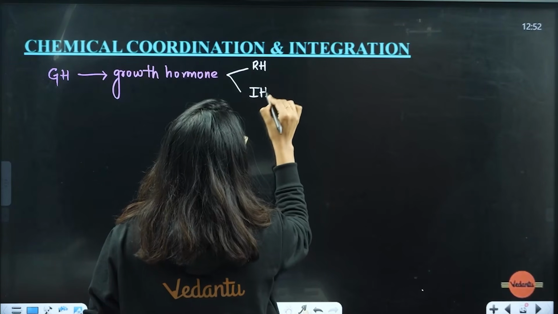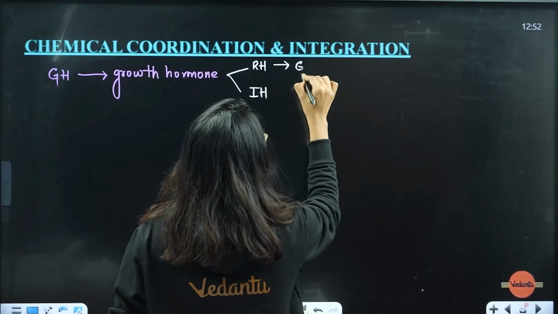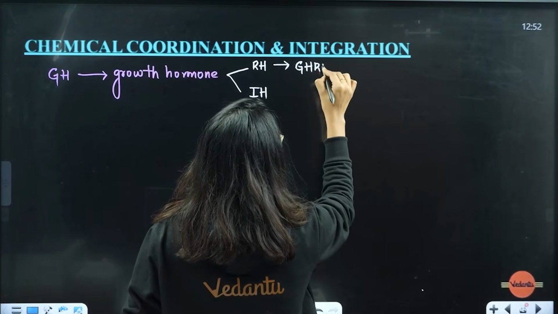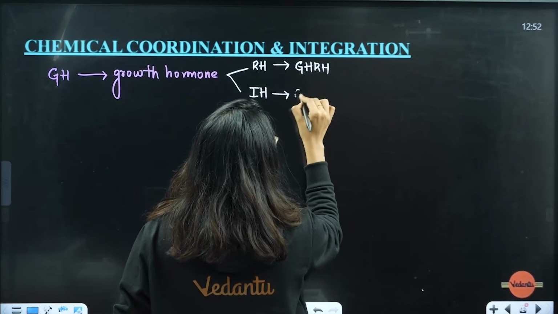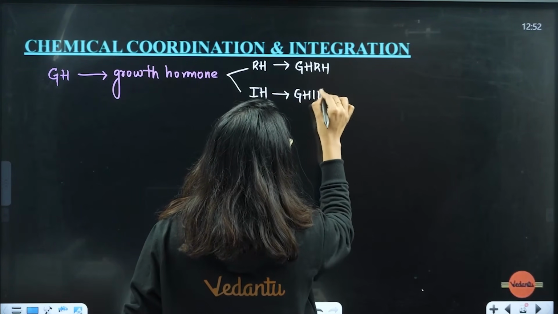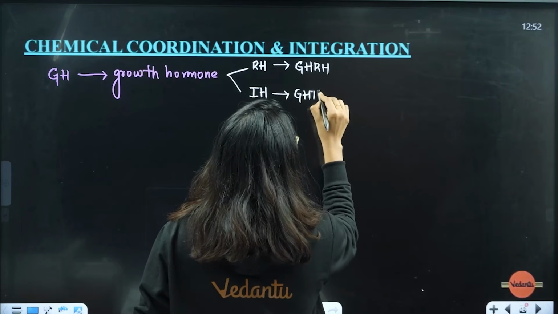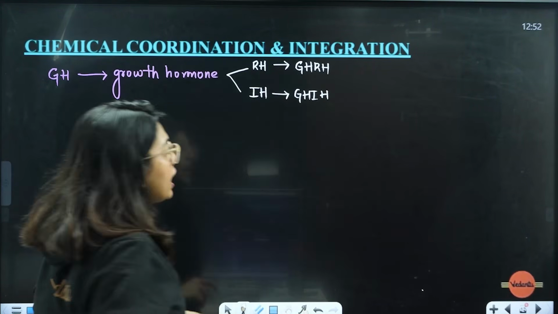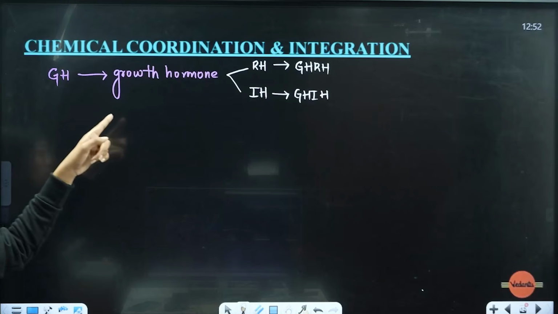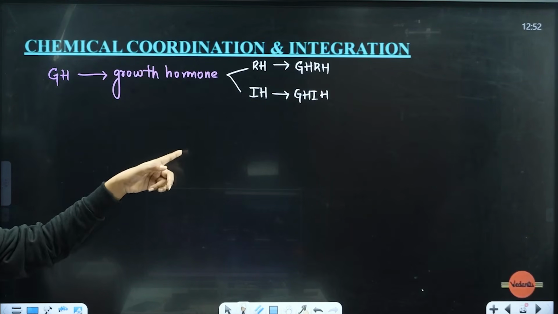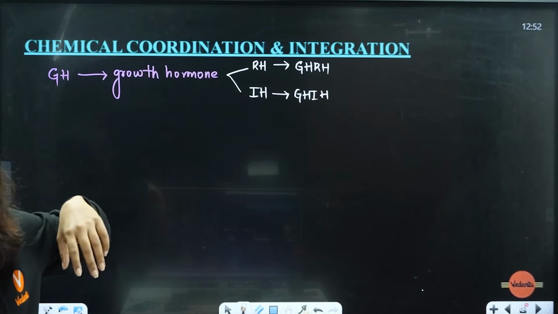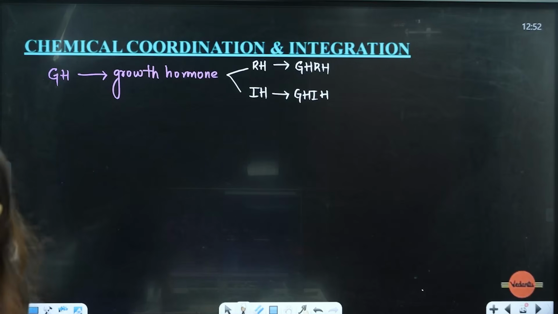If it is RH we write GHRH, if IH we write GHIH. Growth hormone can be releasing or inhibiting. Understood?